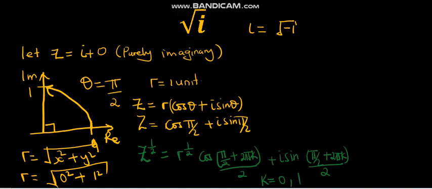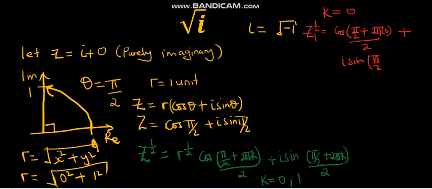Is that okay? So we shall say that for k equal to 0, the first root will be, r is 1, so we have cos of pi over 2 plus 2 pi times 0, over 2, plus i sin of pi over 2 plus 2 pi times 0, divided by 2.